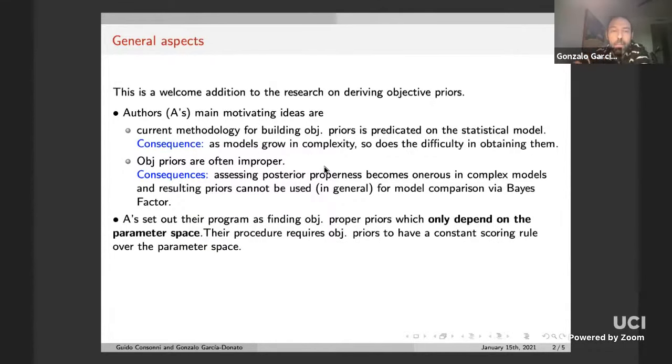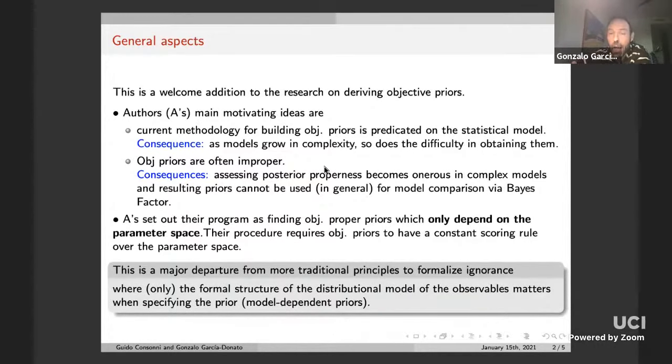And they set up the route of fixing a constant scoring rule, and with that they obtain their prior. And this, as was told by the author, is a major departure from more traditional principles to formalize ignorance, where the formal structure of the model is used to obtain the prior.